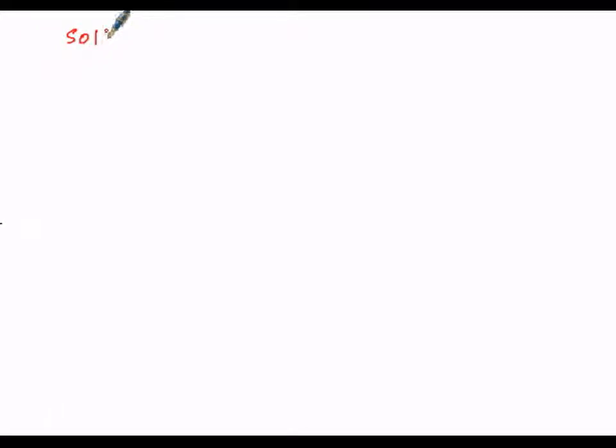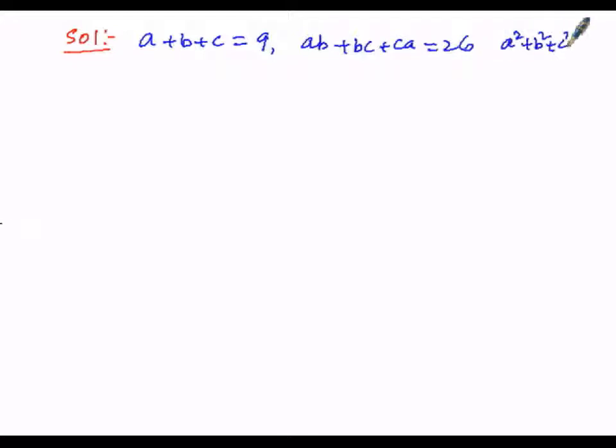So in our solution, the condition which is given for us is A plus B plus C value is 9 and AB plus BC plus CA is 26. So here we have to find out the value of A square plus B square plus C square.